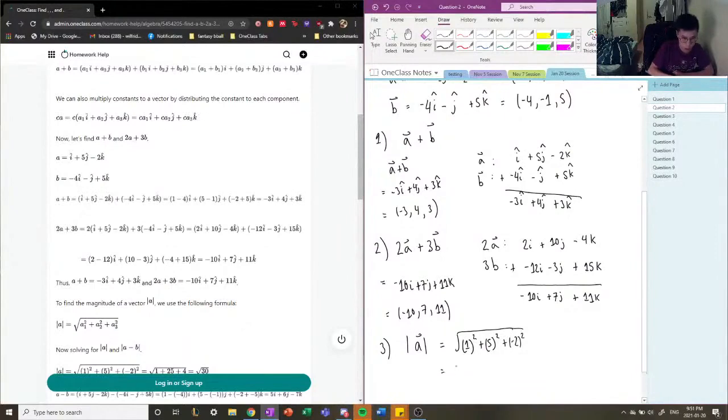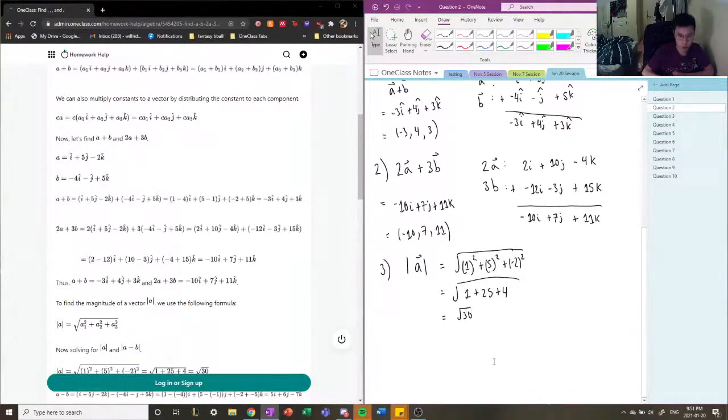That's going to equal 1 plus 25 plus 4, which equals 30, so the magnitude is root 30.